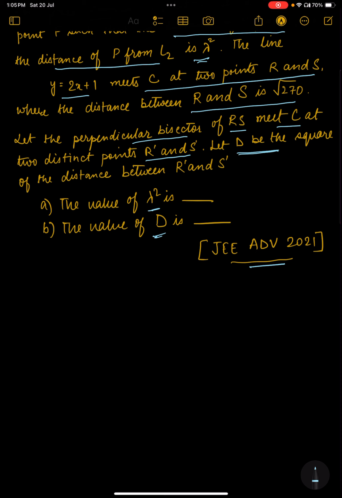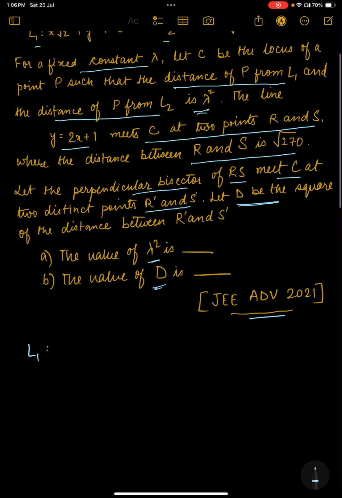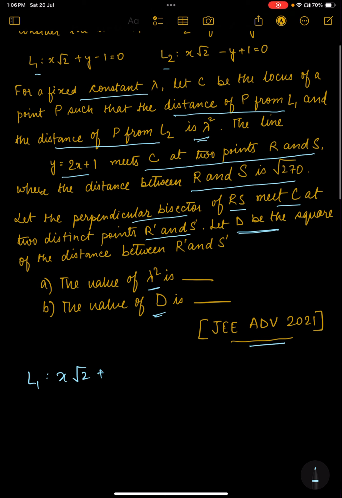So let us begin. We will first draw what the equations L1 and L2 actually look like. L1 is given to us as x root 2 plus y minus 1 is equal to 0, and L2 is given to us as x root 2 minus y plus 1 is equal to 0.